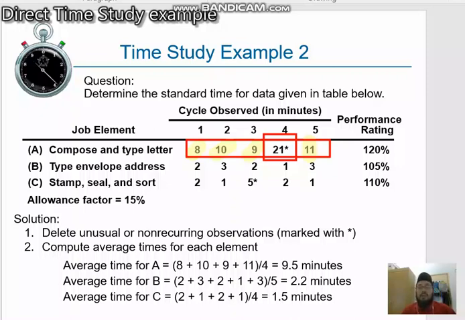So in this case, we have to discard the unusual or weird value in the set of data.